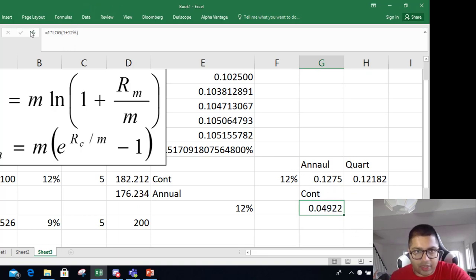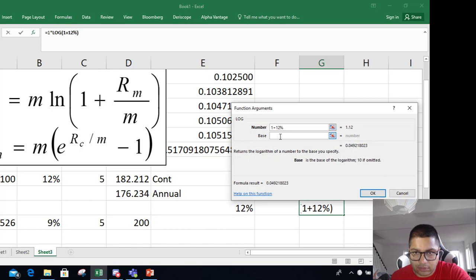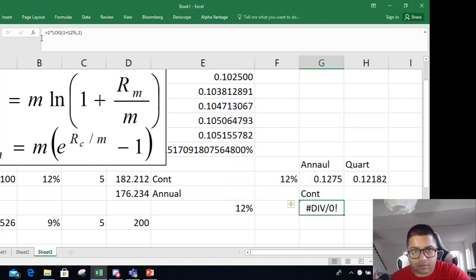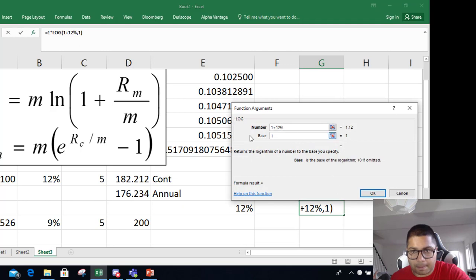So it is doing right, but the base should be 10.